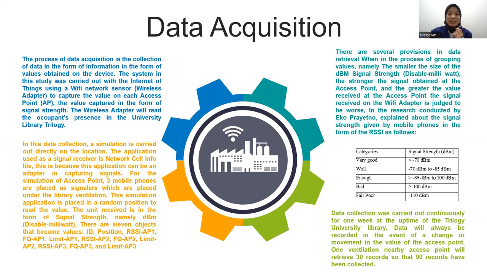In the data collection, the simulation is carried out directly on the location. This application uses the main signal, using a network called Wi-Fi, and this application can capture the signal from the simulation at the access point through a mobile phone as the signal source, which is placed under the library ventilation.